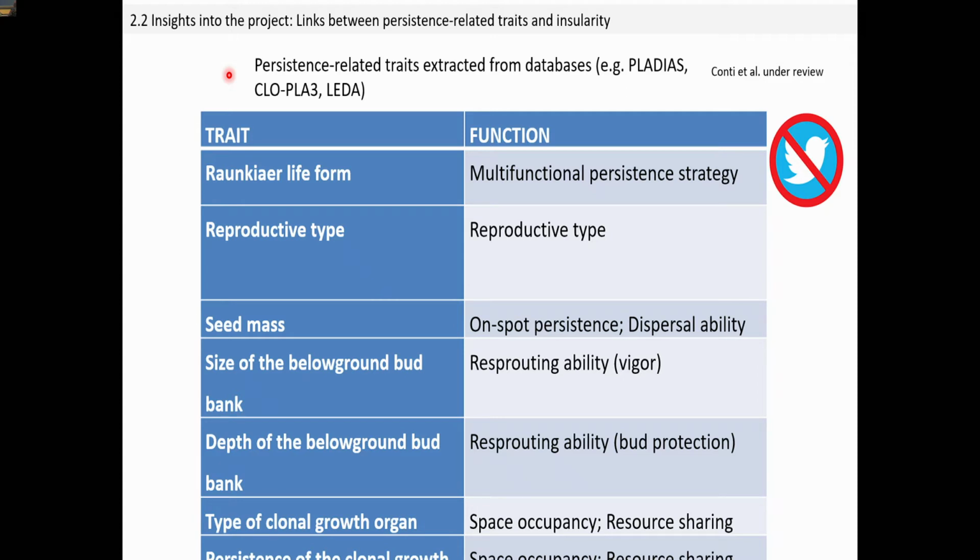So, as you can see, there is the Raunkiaer life form, which informs on the multifunctional persistence strategy, but it's categorical, so it's a good trait, but definitely a bit rough. And then there are reproductive types, seed mass, size of the belowground bud bank, depth of the belowground bud bank, and so on and so forth. So these inform on the variety of functions which can largely affect the ability of plants to persist or not on a spot.